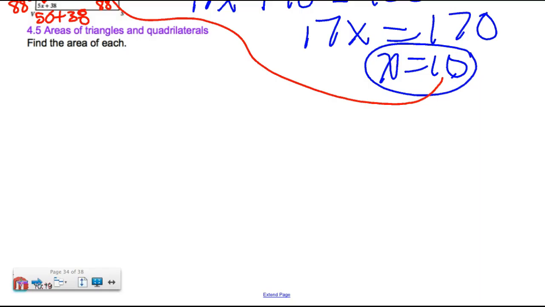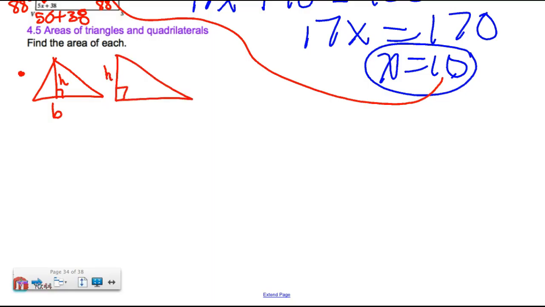All right, so we're going to work with some areas here. Areas of triangles and quadrilaterals. Well, let's do one at a time here. For any triangle, whether it looks like this, and height is, I'm going to put an H on here, perpendicular to the base, or whether it's a right triangle like this with the height perpendicular to the base, we always say that the area is equal to 1/2 of the base times the height.